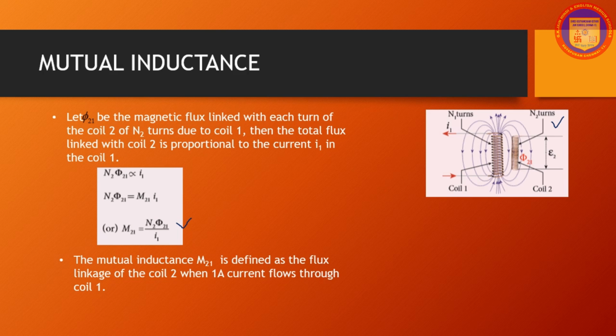The constant of proportionality M21 is the mutual inductance of the coil 2 with respect to the coil 1. It is also called the coefficient of mutual inductance. If I is equal to 1 ampere, then M21 is equal to N2 phi 21. Therefore, the mutual inductance M21 is defined as the flux linkage of the coil 2 when 1 ampere current flows through the coil 1.